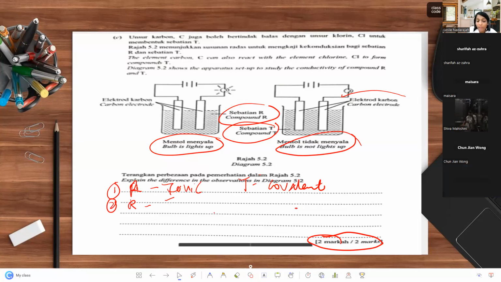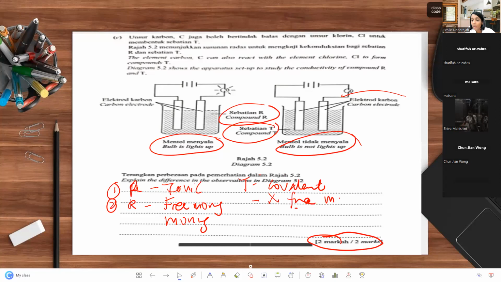Perfect, that's the perfect marking scheme answer. So you answer, compound R has free moving ions. Now compound T, does it have any free moving ions? No, no free moving ions.